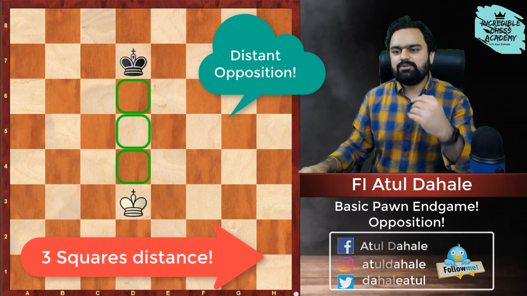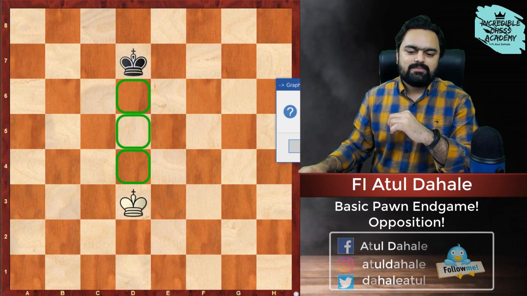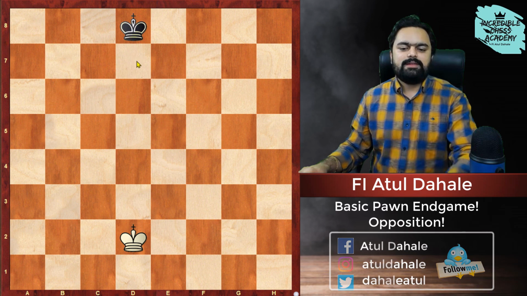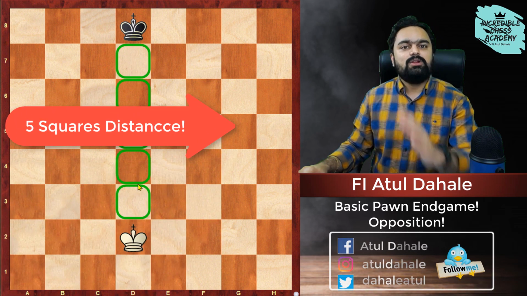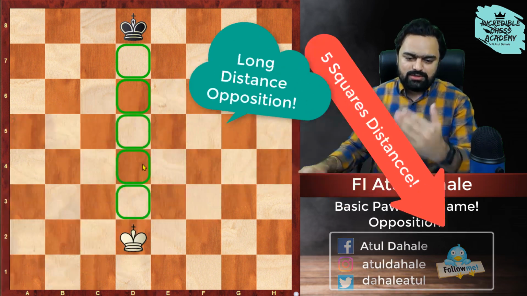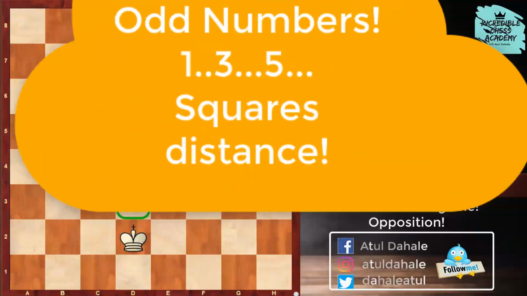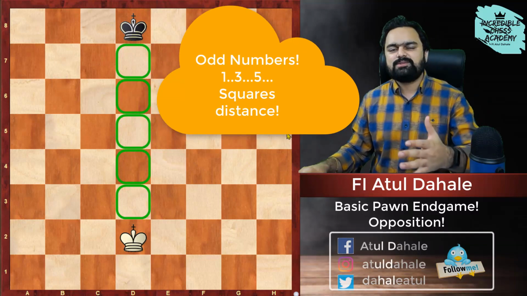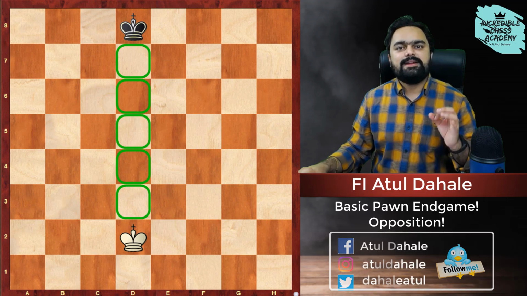And the third important thing is when there are five squares between the kings, that is the long distant opposition. So you must have understood that 1, 3 and 5 squares, the odd number of squares between the two kings, is when we call it the opposition.